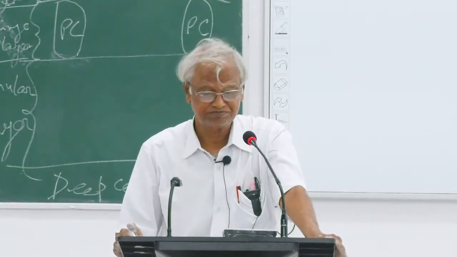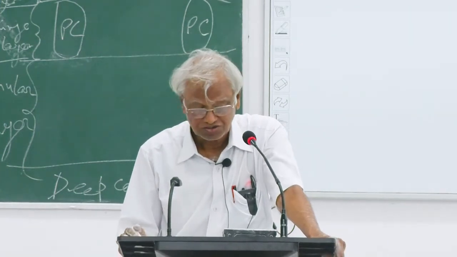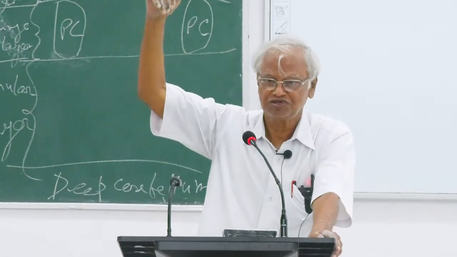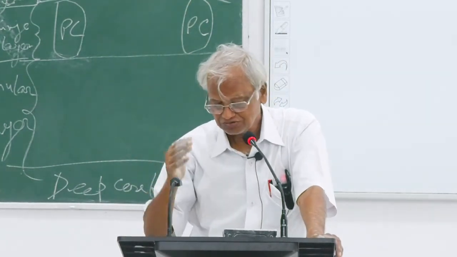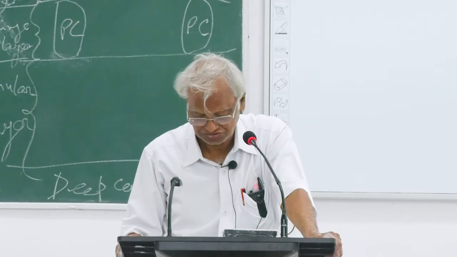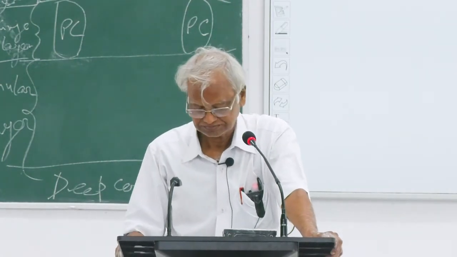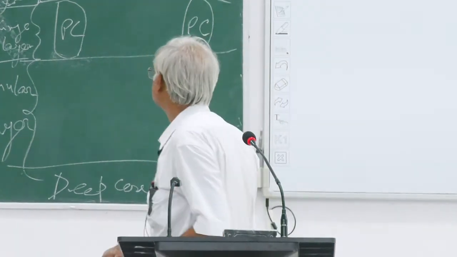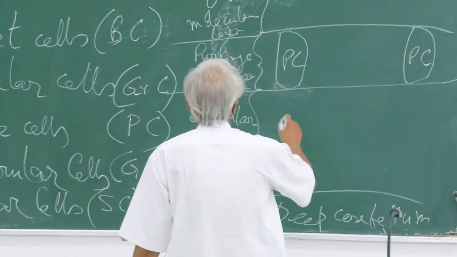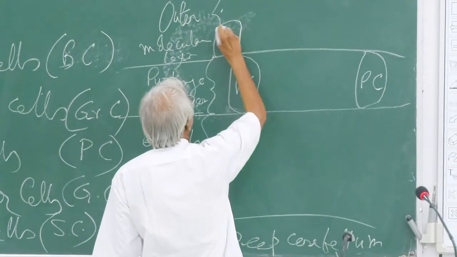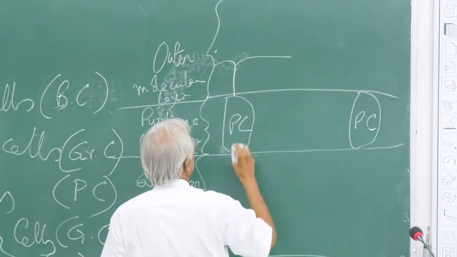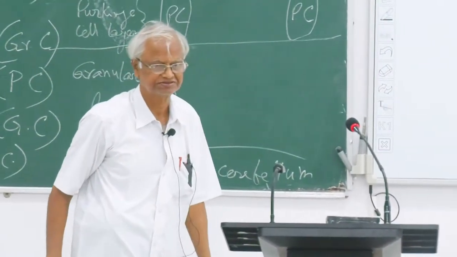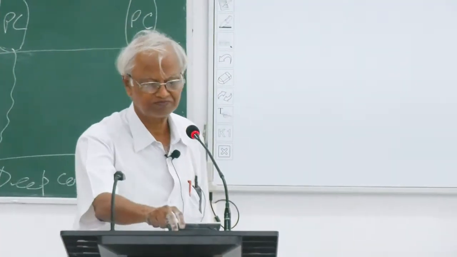So from the Purkinje cells, we will have dendrites and axons. Dendrites, they go up. They go to the level of the deep.